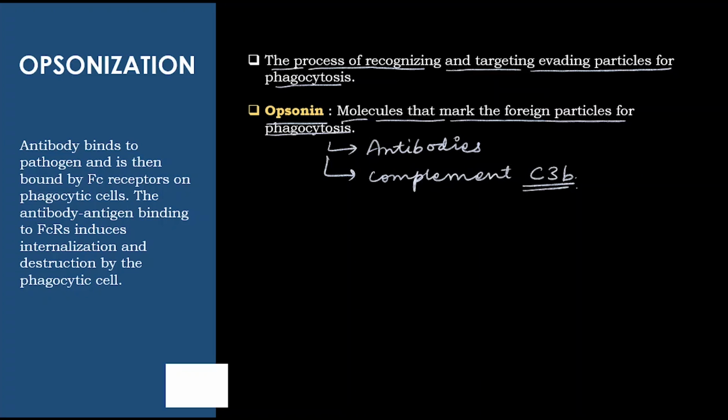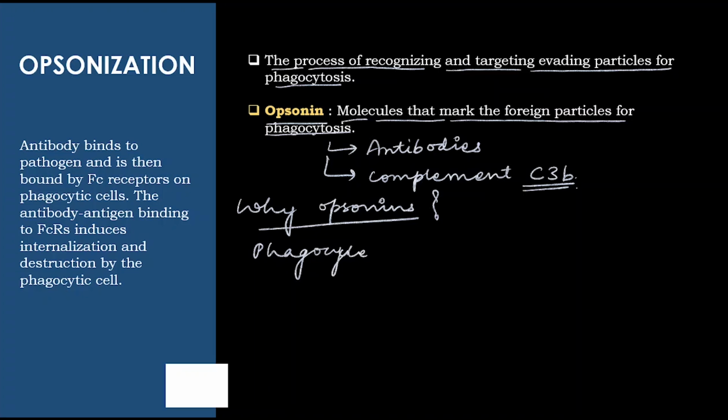Now, why are these opsonins required? Because the phagocyte and the cell wall of the pathogen both have a negative charge.